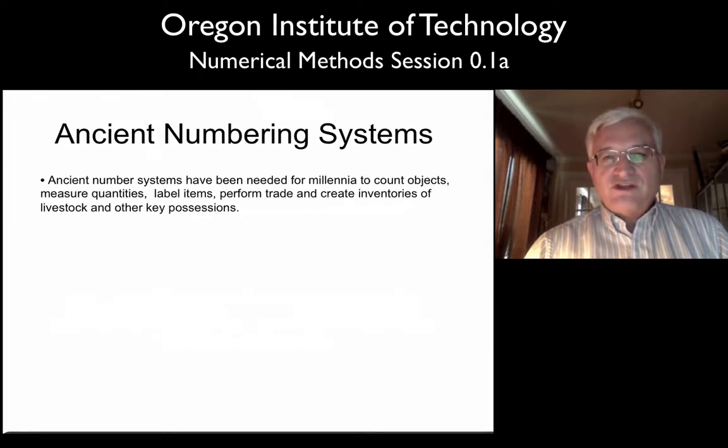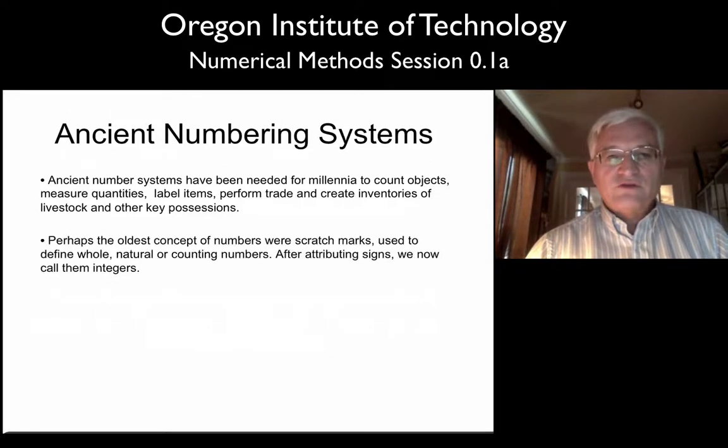The most ancient numbering systems were just a series of tick marks, whether it was counting things in a cave and inscribing tick marks on a wall, or whether it was someone carrying a certain number of tokens that would represent possessions, or might even represent some kind of a trade that was being agreed to between two neighboring societies or two neighboring individuals.